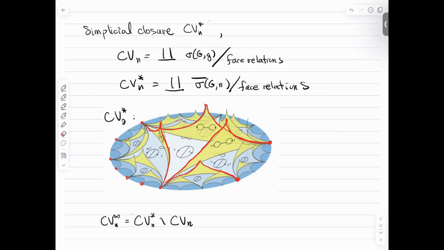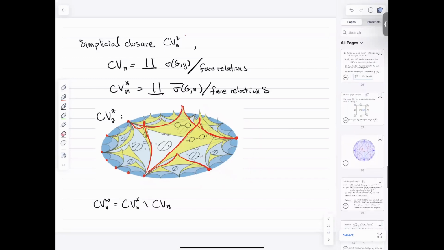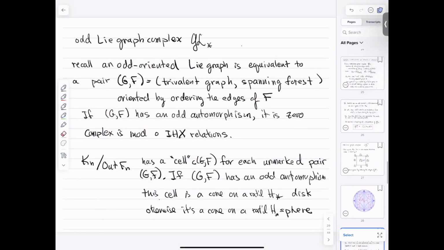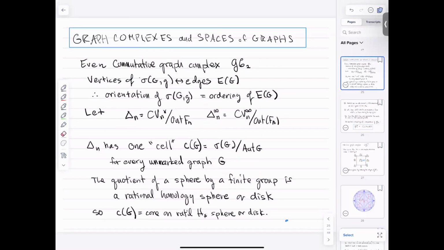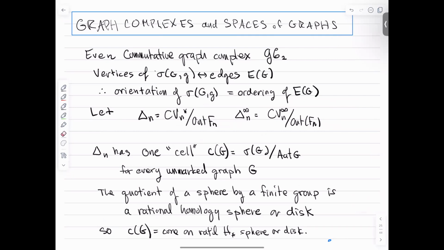And what I want to do now is talk about these graph complexes that we described in the first part of the hour, in relation to these spaces. So let's start with the even commutative graph complex, GC2.